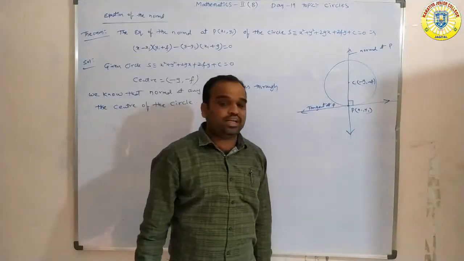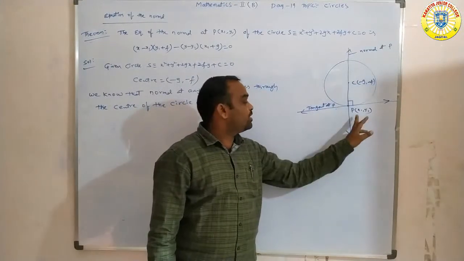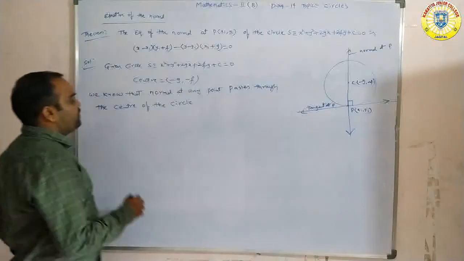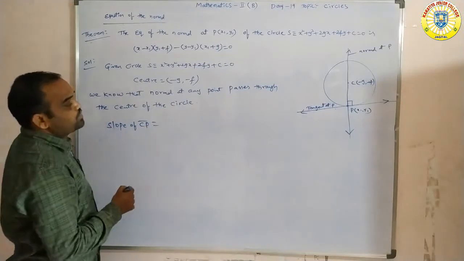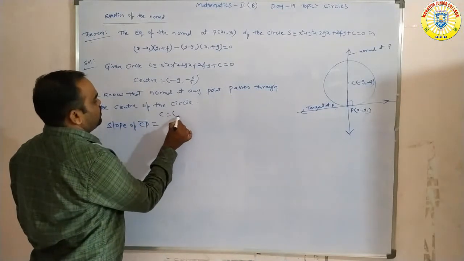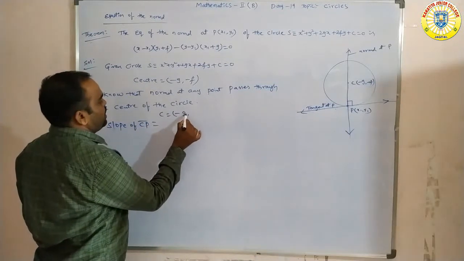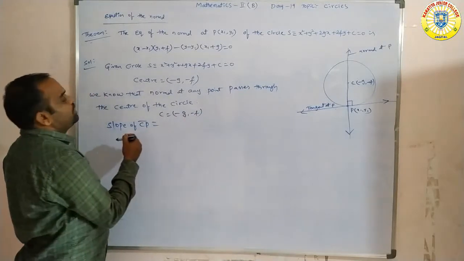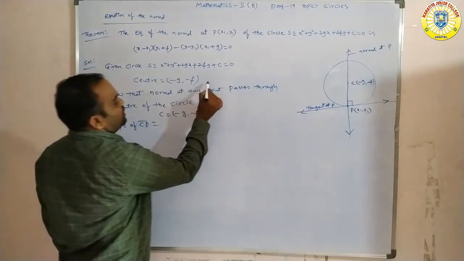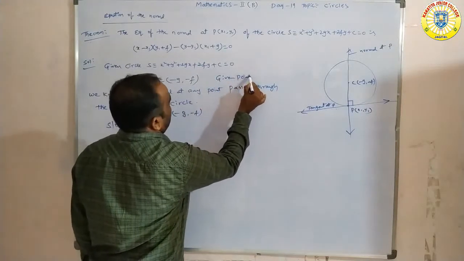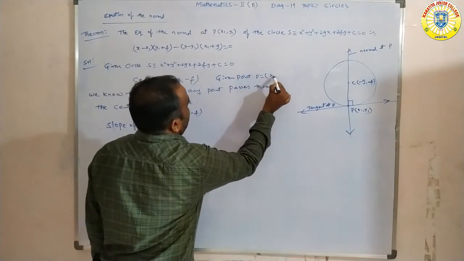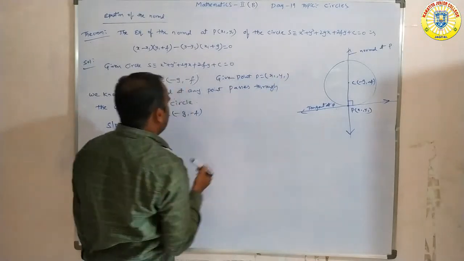Center is minus g comma minus f. Here P of x1 comma y1 is there. First we are finding the slope of the line CP. Here C is minus g comma minus f and the given point is P of x1 comma y1.